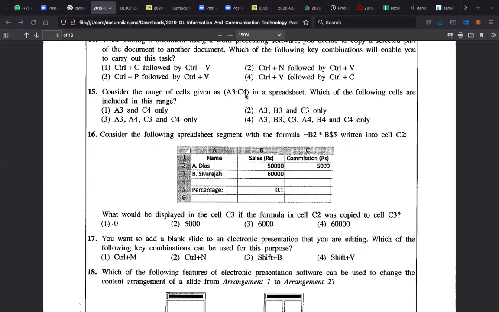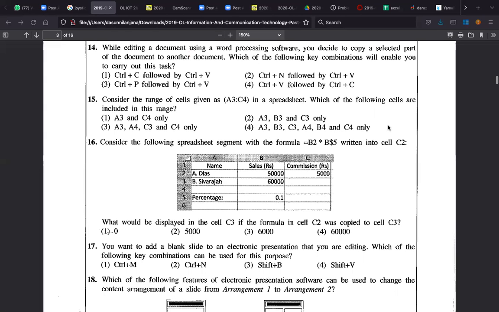A3, then A3, B3, C3, A4, B4, C4. Okay. So which of the following cells are included in this range? A3, B3, C3, A4, B4, C4. So it is also a simple question. So answer is number 4.